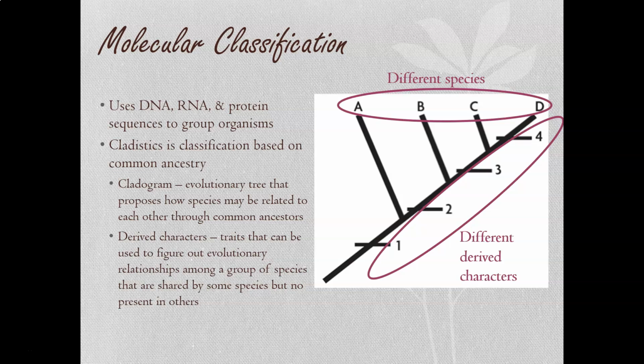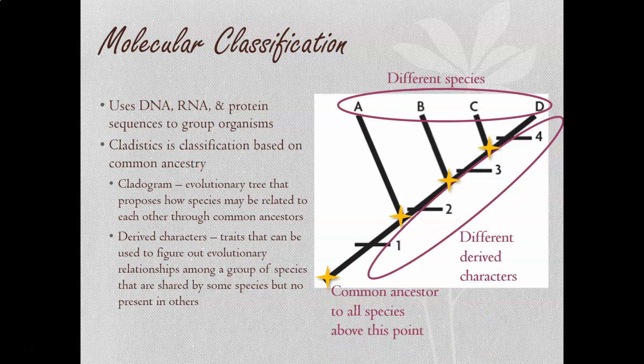So presumably trait 1 would be something that all of these organisms, A through D, all have in common. That's why we can connect them. Trait 2 would be something that B, C, and D have in common, but A doesn't have. Trait 3 would be something that only C and D have, neither A or B contain, and then trait 4 is just something that D has.